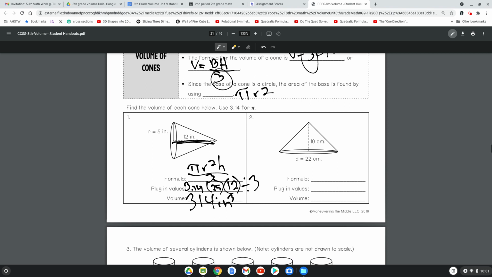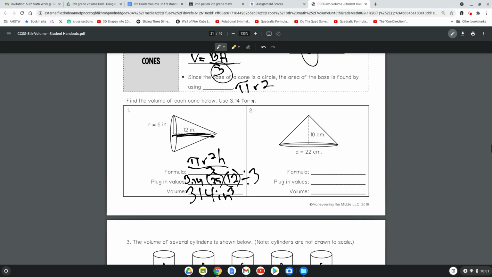Okay, now we have this cone. So we're going to do area of the base, pi r squared, times the height, and then divide it by 3. So pi, the diameter is 22, so we know the radius is half of that. So 11 squared, and then the height is 10, and then we're going to divide by 3.